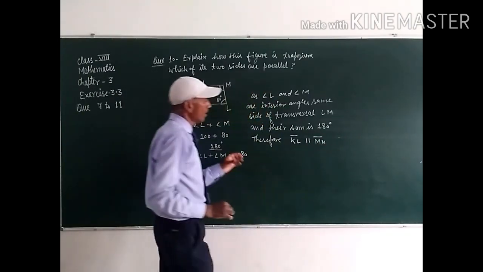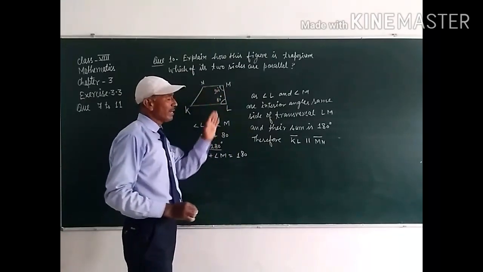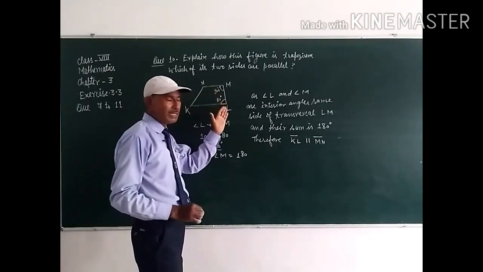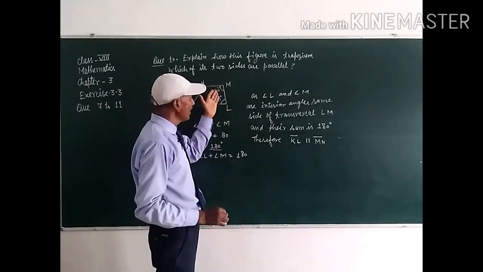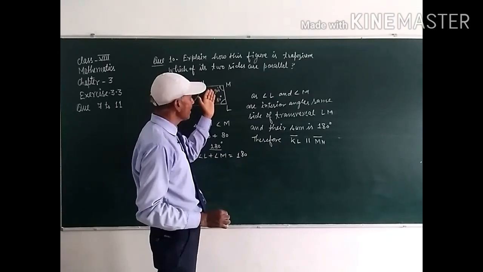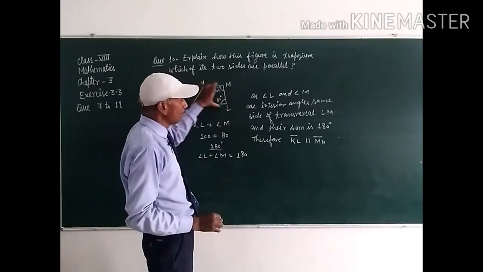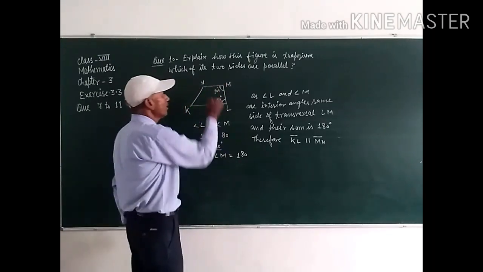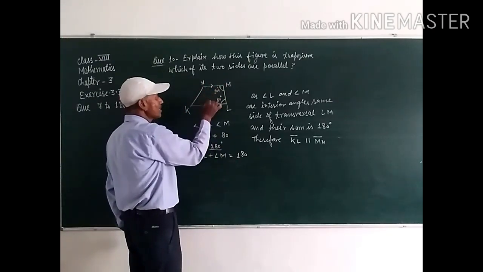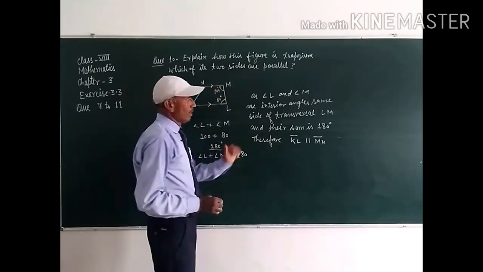Clear, student? If two lines are intersected by a transversal and the co-interior angles same side of transversal are supplementary, means the sum of these two angles is 180 degree, then the lines will be parallel to each other. So in this figure, KL is parallel to MN.